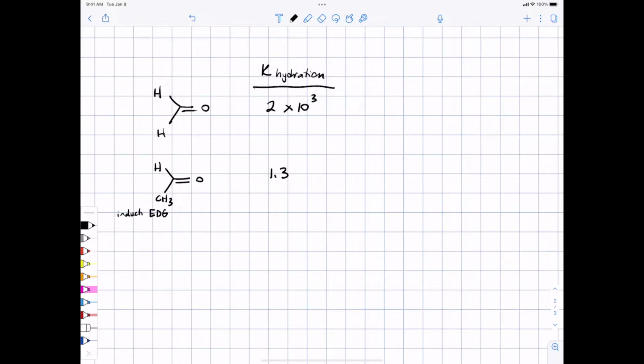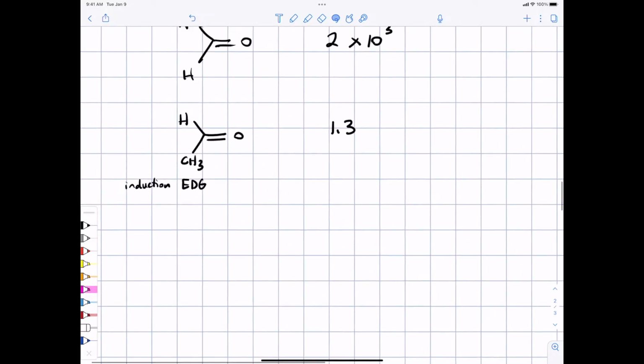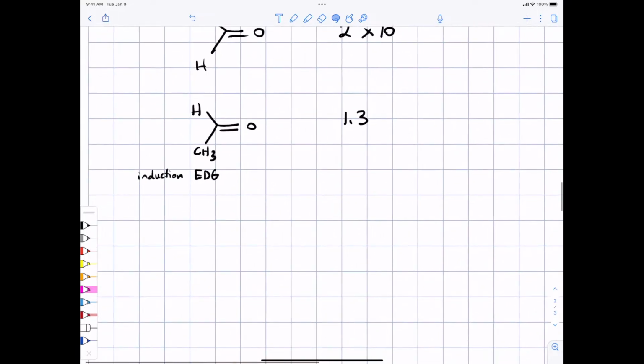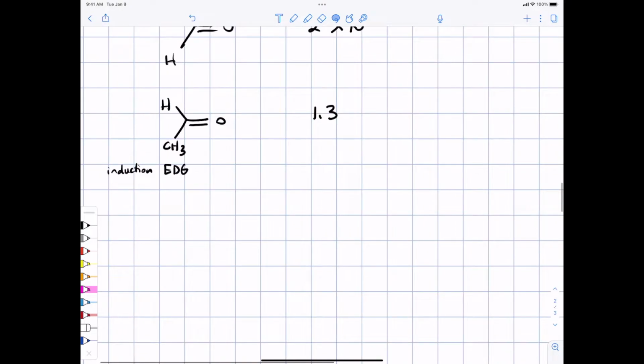Right. Methyl is an inductive electron donating group. We've also seen where the methyl pi type group orbitals can mix with carbonyl type things, and in the case of valence bond theory, we call that hyperconjugation. So also the inductive effect refers to the fact that sp2 carbons are more electronegative than sp3 carbons.